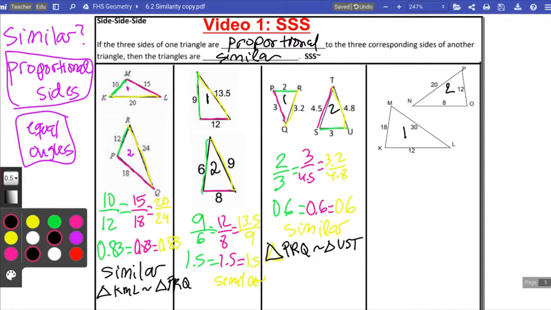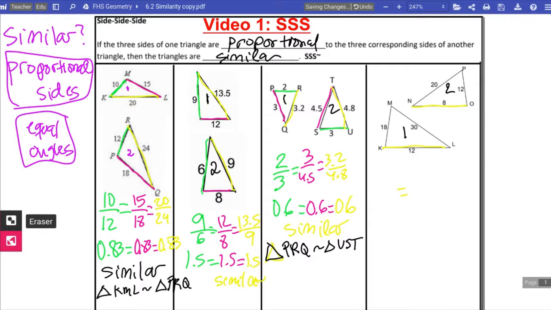Triangle 1, triangle 2. Ready, set, and go. Yellow. Smallest here, 12. Smallest over there, 8. Let's write it real fast. That will be 8 over 12 equals green. Sorry, I'm OCD. I have to use the right color.